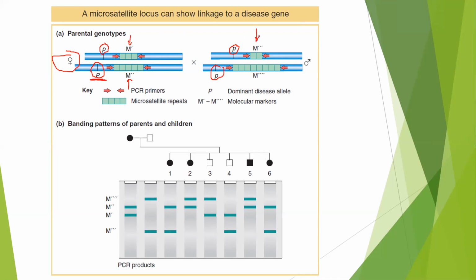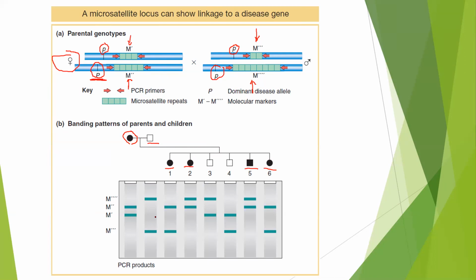So this is what we just learned. Okay, if you look at the DNA, you're going to see each chromosome has a different marker because of different repeat numbers here. All right, now if we study this pedigree, mom is affected, daddy is normal, and among the children from this marriage, we have a bunch of affected kids and a bunch of unaffected kids.